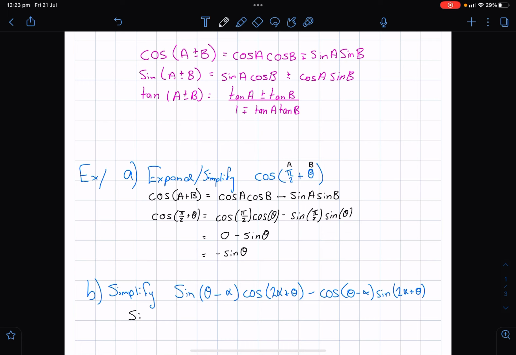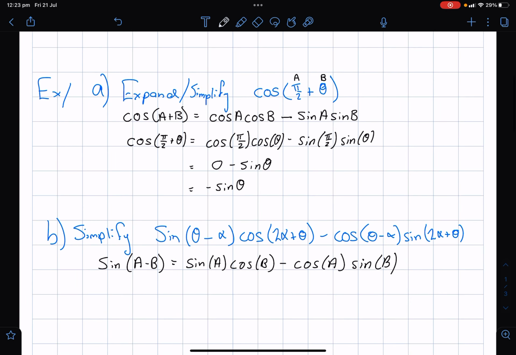So I've got sine of A take B is equal to sine A cos B take cos A sine B. Now, this is where we've got to be very careful as well.